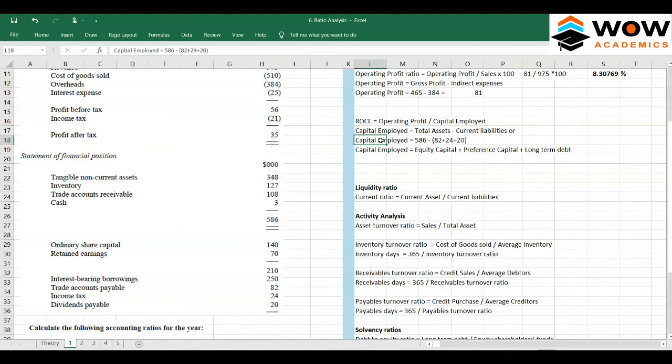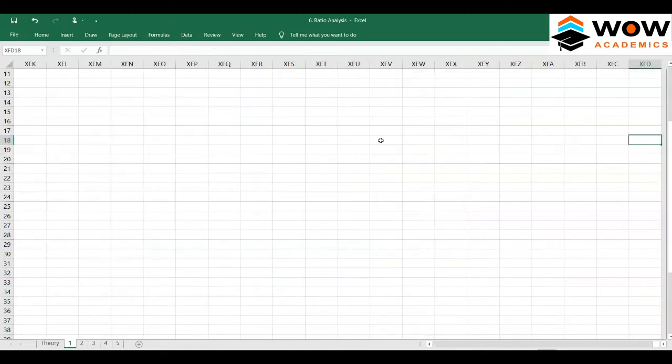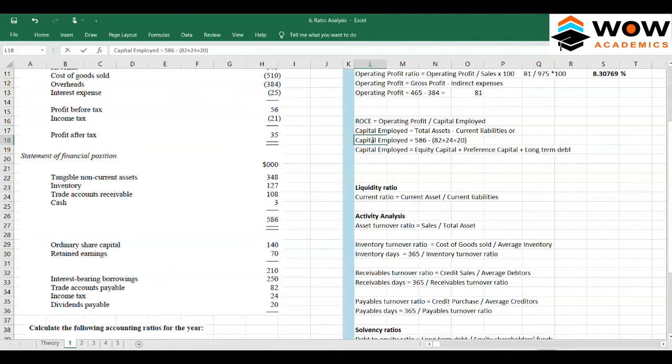So when we solve it, we get 460. We can also find it out in terms of this other formula.